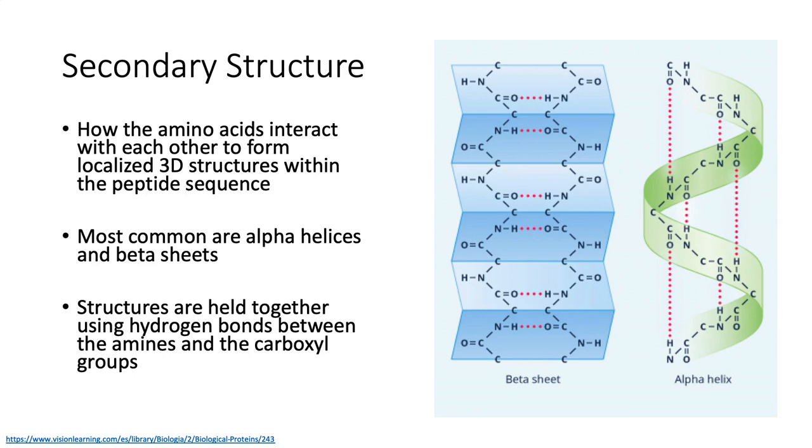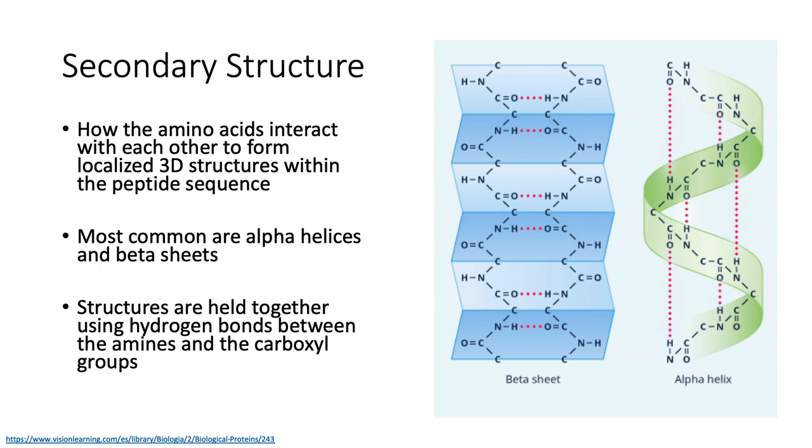The secondary structure is how the amino acids interact with one another to form 3D structures within the polypeptide chain. If you have 2 chains of amino acids, or one that's folded onto itself, it can form hydrogen bonds between these oxygens of the carbonyls and the hydrogens that are attached to the nitrogens in the protein backbone. You can get these beta sheets that are kind of pleated if you look at them in actual 3D space.